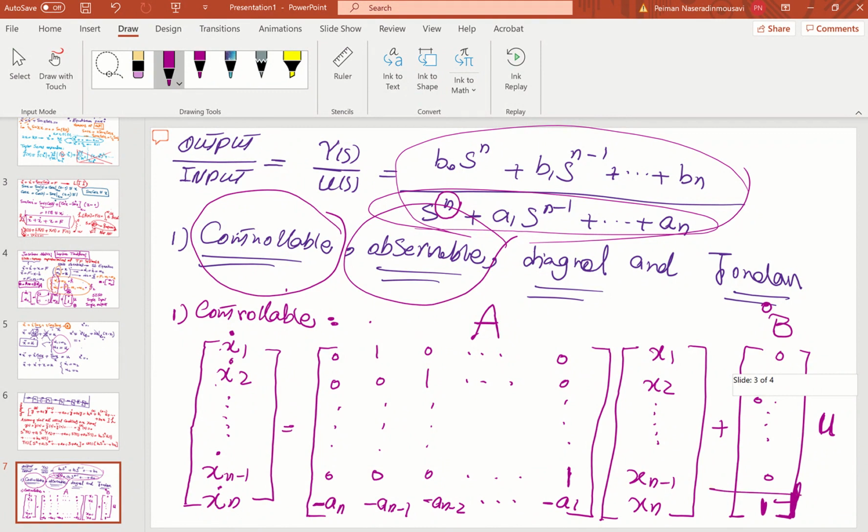The last one is 1. So now you have the controllable form of the state space representation. You're going to ask me how? You can just look at your reference, that is Ogata or any linear system theory book.